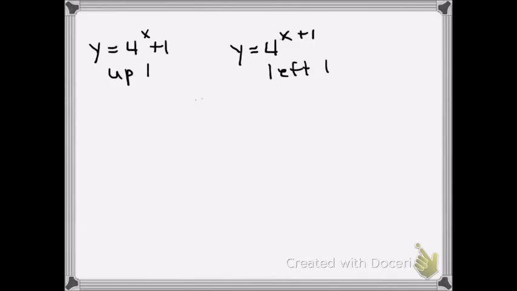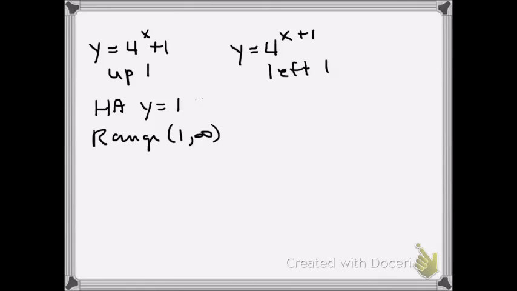So on this side, when we go up, the horizontal asymptote will also go up to y equal 1, and our range will be from 1 to infinity.